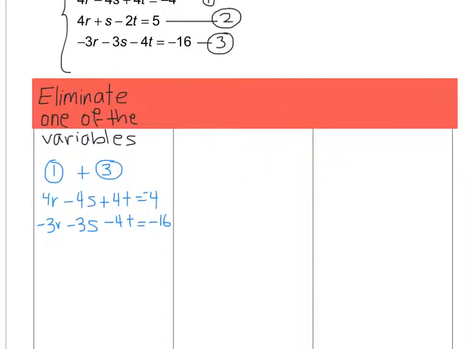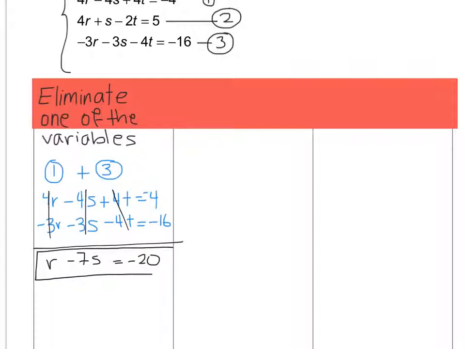Now if I add 4r minus 3r, that's going to give me an r. Negative 4s minus 3s, that's going to give me a negative 7s. Positive 4t and negative 4t will cancel each other, and negative 4 minus 16 will give me negative 20. So as you can see now, I have an equation of two variables, r and s. I have eliminated t.